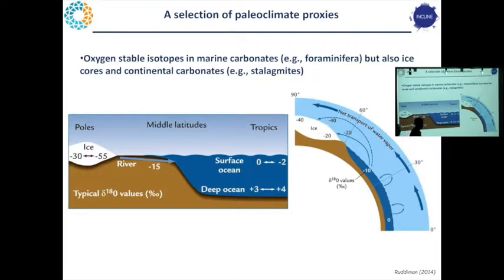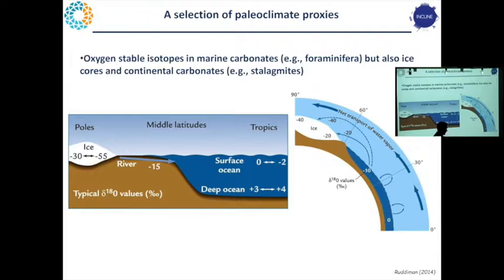Good. Not only does this happen, but as a certain cloud of moisture, or water vapor, more specifically, travels, there is rain out, there is precipitation going on along the way. During precipitation, the heavier isotope, O18, so a molecule of water with 18O as oxygen isotope, precipitates readily, while O16 stays longer in the water vapor.